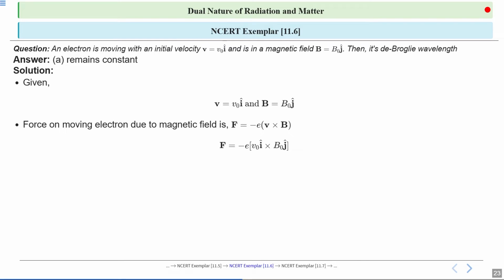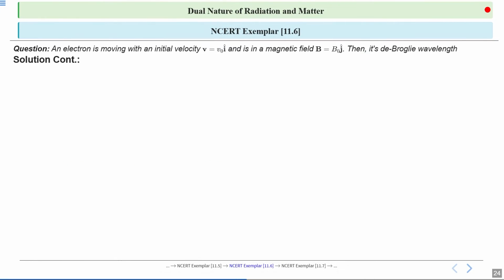So F equals minus e v naught i cap cross B naught j cap, since v is v naught i cap and B is B naught j cap. Now we will take the cross product. What is the cross product of i cross j according to cyclic properties?